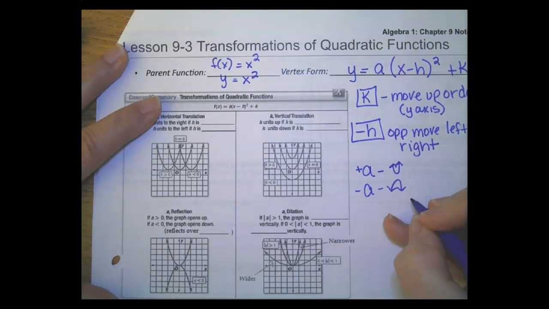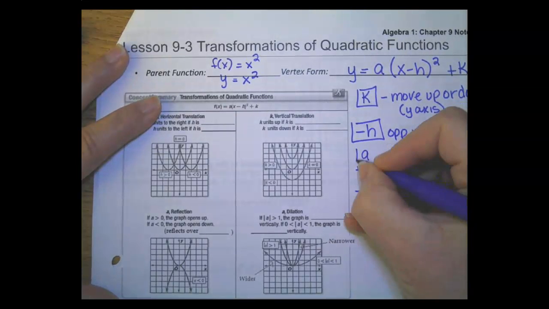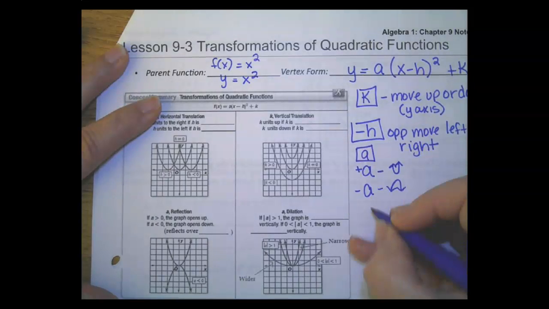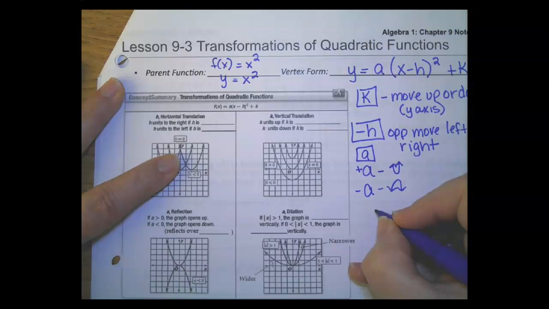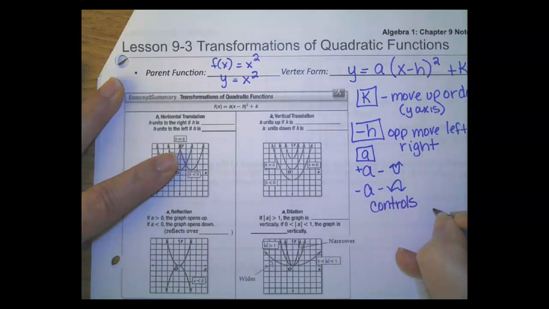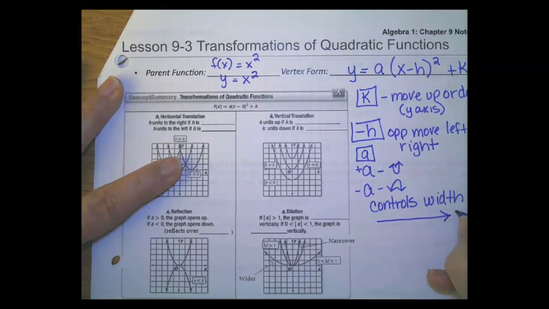A also controls the width. So if you're like this, it gets wider.